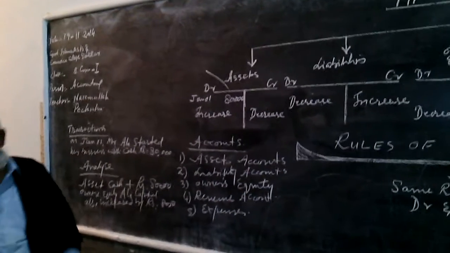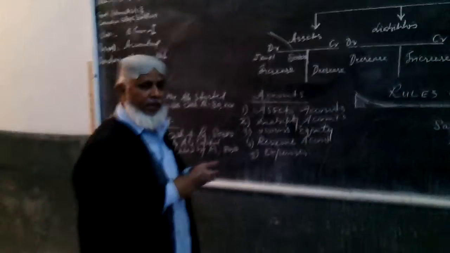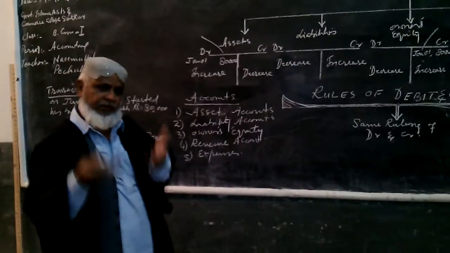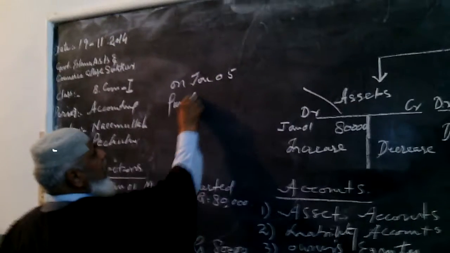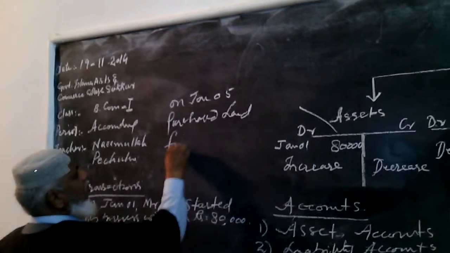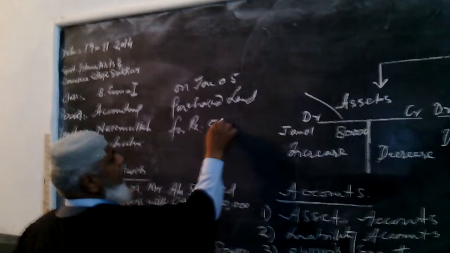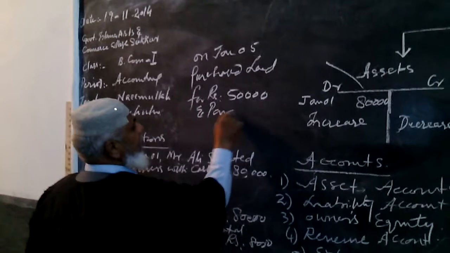Similarly, another ruling: paid cash and bought land. So the land account will be debited. Purchased land for rupees 50,000 on January 5 and paid cash.